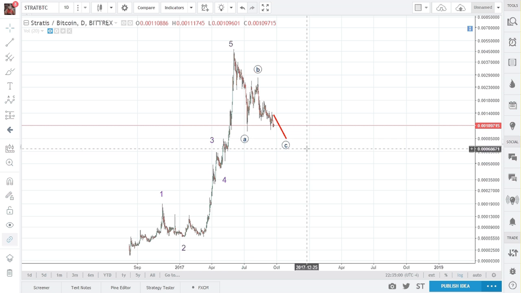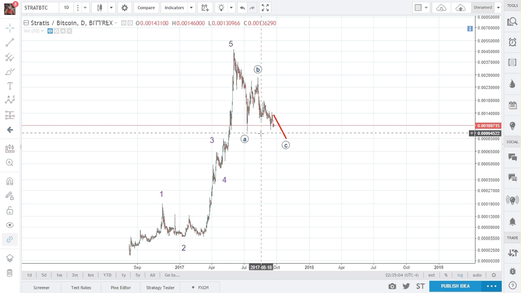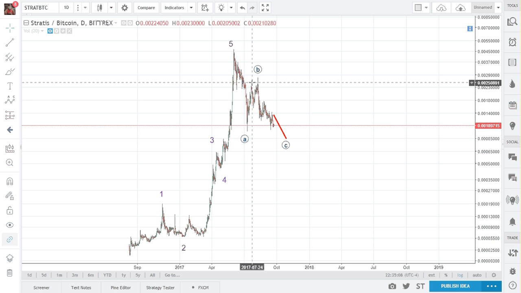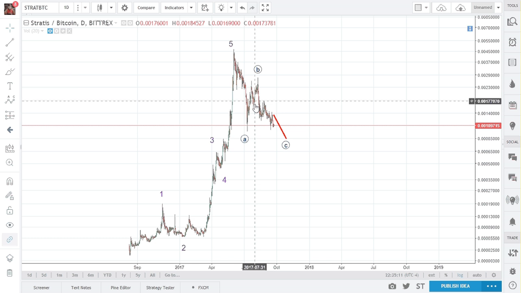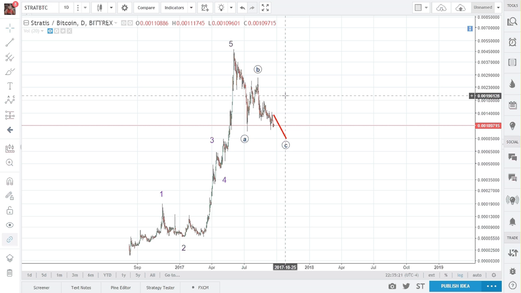The other possibility is this could be A, B, C. C is here, but this isn't really impulsive. Everything overlaps. Look at the chop, chop, chop overlaps. And it is a rare event to have wave 1 as a leading diagonal.